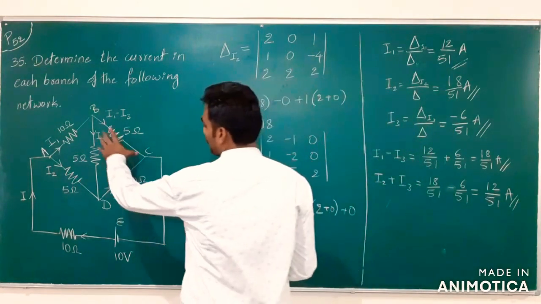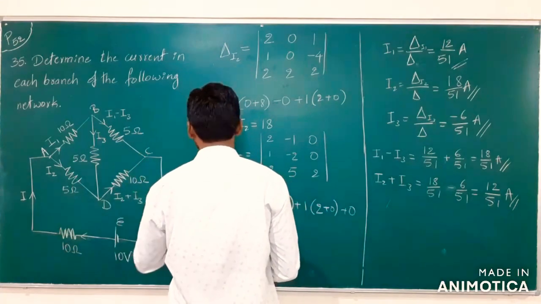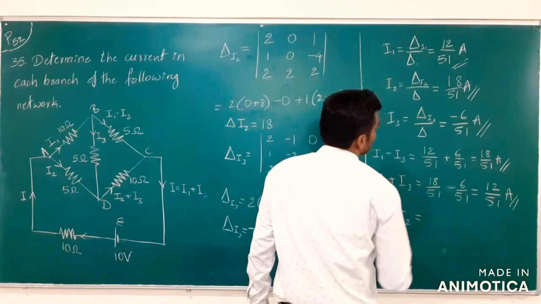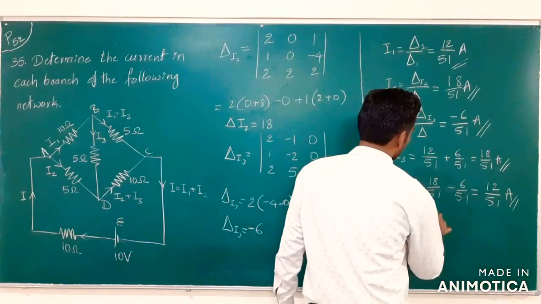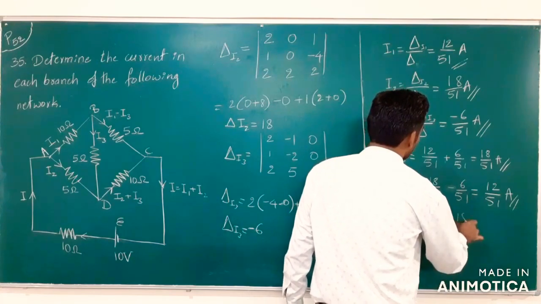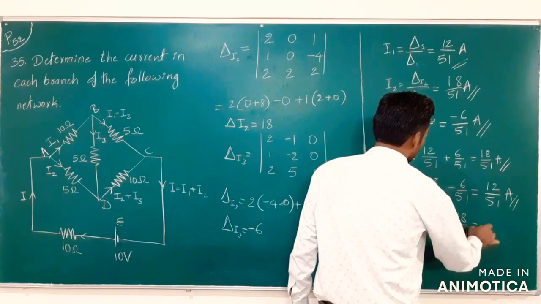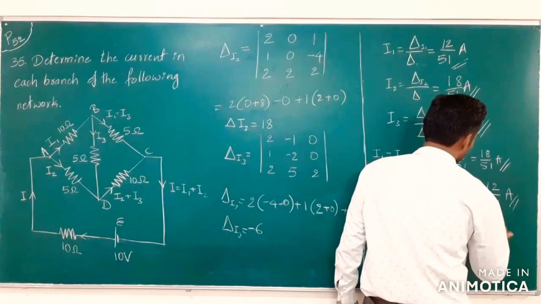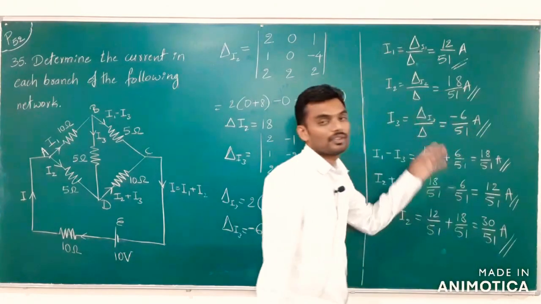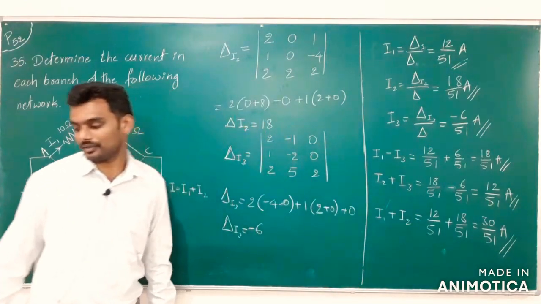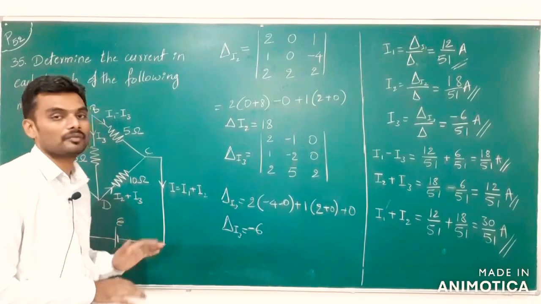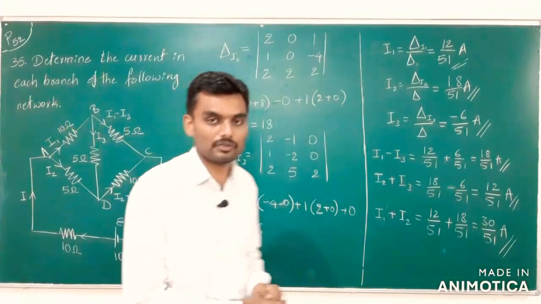Next, this branch done, this branch done, this branch remaining, which is I1 plus I2. I1 is 12 by 51 plus I2 is 18 by 51, which is 30 by 51 ampere. So these are the final solutions for the current flowing through different branches. In fact, all the branches of the given Wheatstone's network.